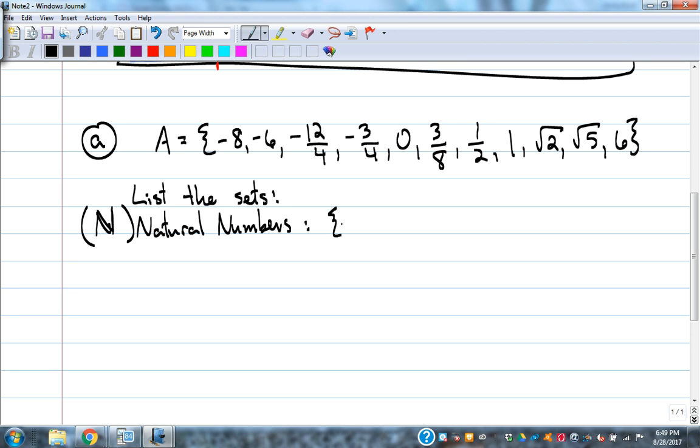What elements in set A are natural numbers? So if you're a natural number, that means you're a counting number. And you can only be positive, right? Because our kids don't count negative numbers starting off, right? 1 and 6 are the only two, right? 1 and 6.